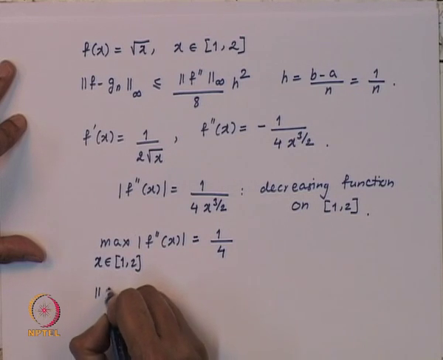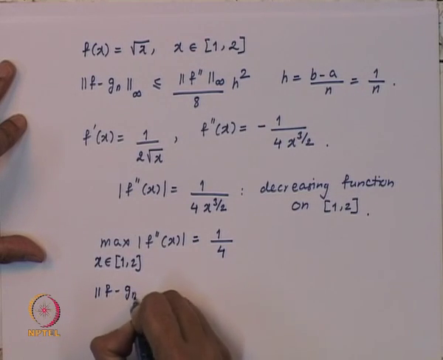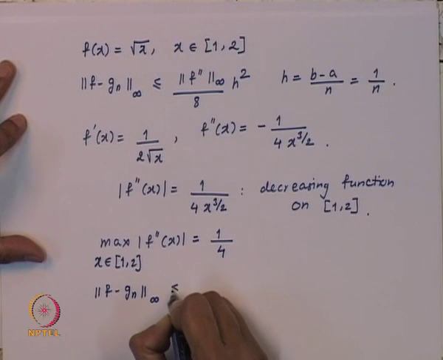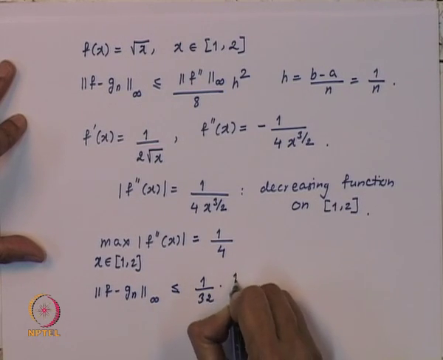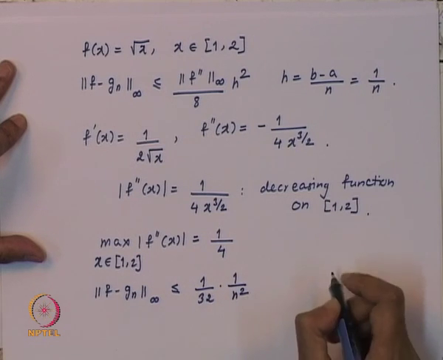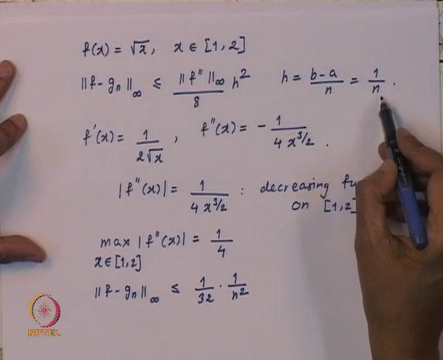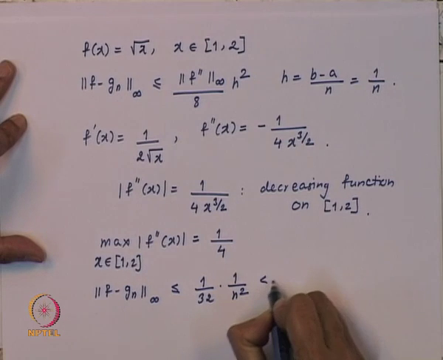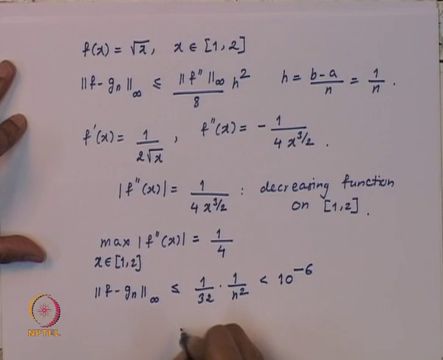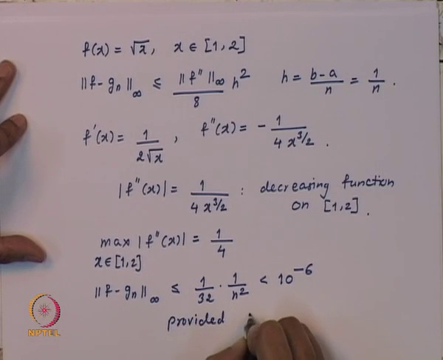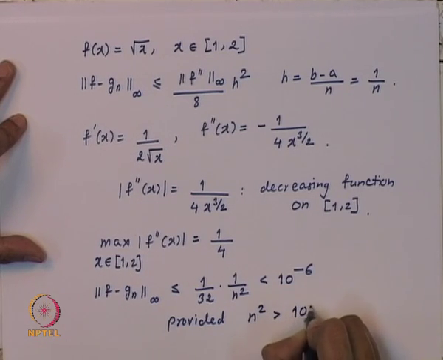So, we have norm of f minus g_n infinity norm to be less than or equal to 1 upon 32 and then 1 upon n square, because h is equal to 1 by n. Now, this will be less than say 10 raised to minus 6 provided n square is bigger than 10 raised to 6 divided by 32.